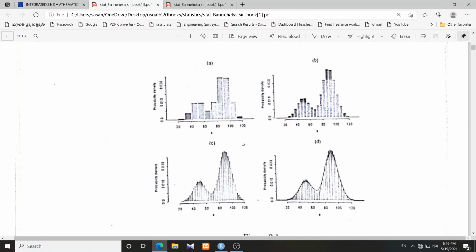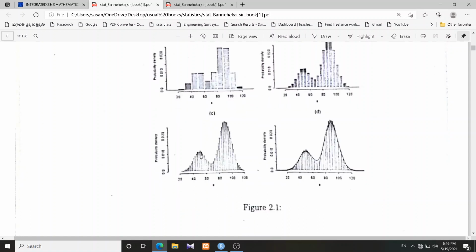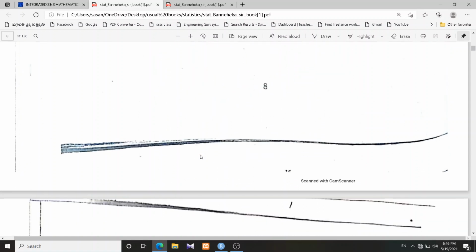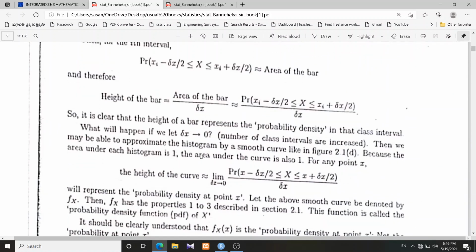In the end we make it very tiny slices, so you can have a very smooth curve. There is a curvature now. With your calculus knowledge, the height of each of these bars will be given by the area of the bar divided by the class width, or delta x, right?